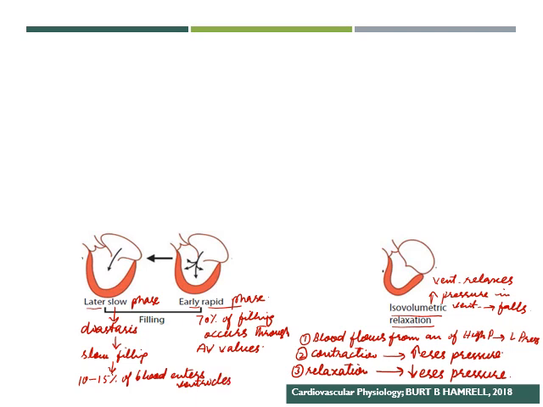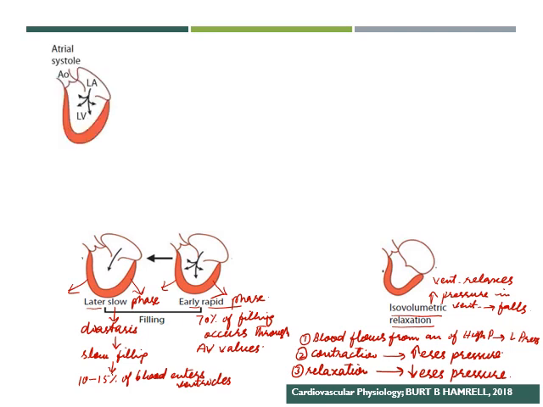During rapid and slow phase, the ventricles expand to accommodate blood that is entering the ventricles.